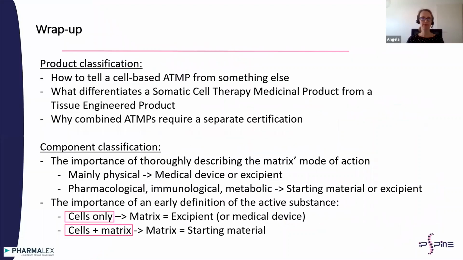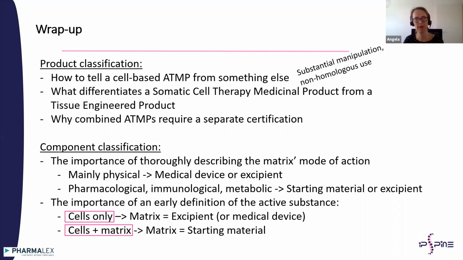So a wrap up of this whole talk, we started off with this eagle's eye view of product classification. We figured out how to tell a cell-based ATMP from something else. And hopefully somewhere in the back of your mind, you will hear the magic words, substantial manipulation, non-homologous use. We figured out what differentiates a somatic cell therapy product from a tissue engineered product.